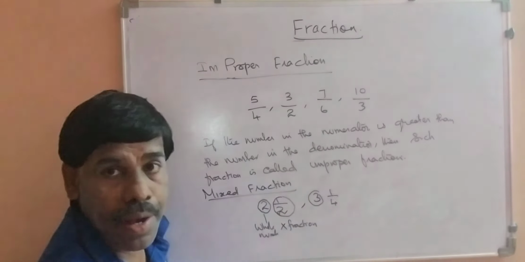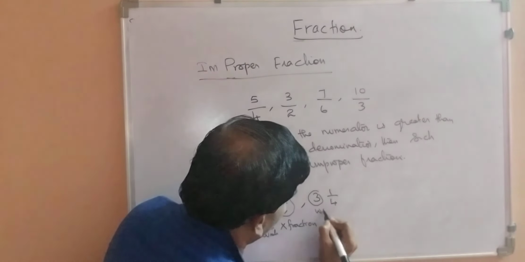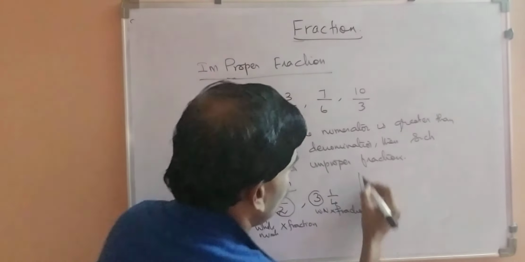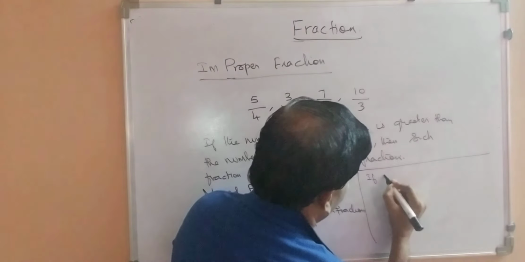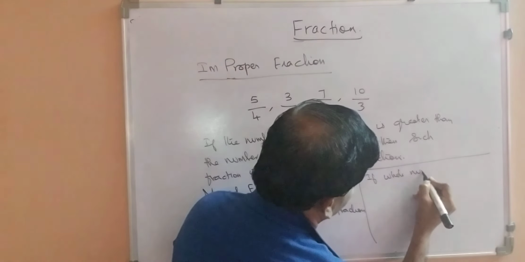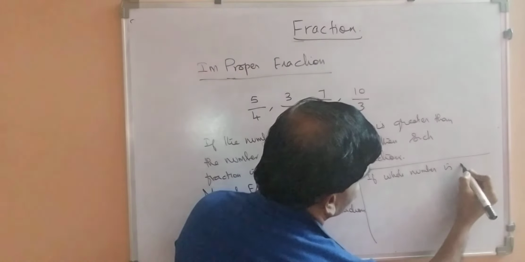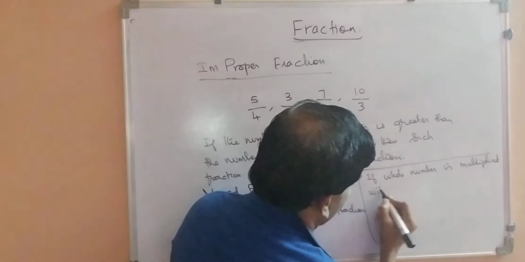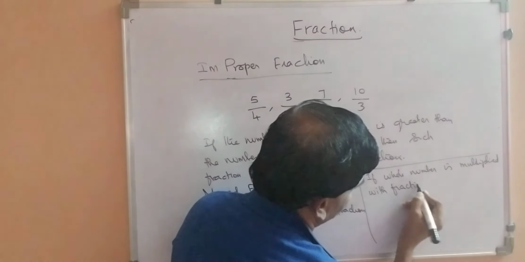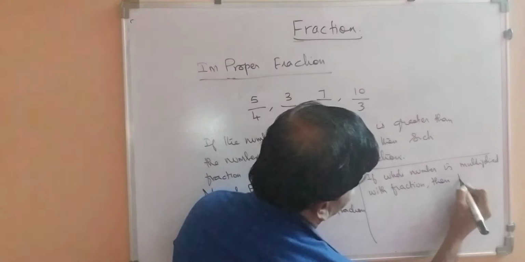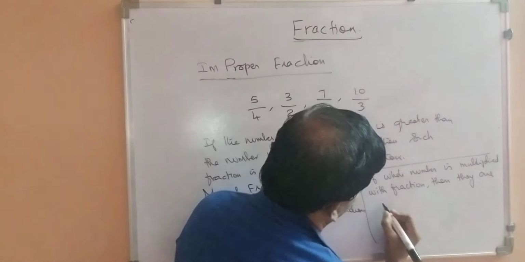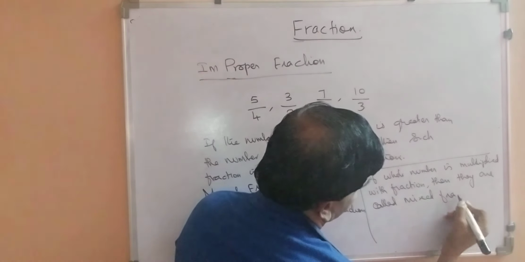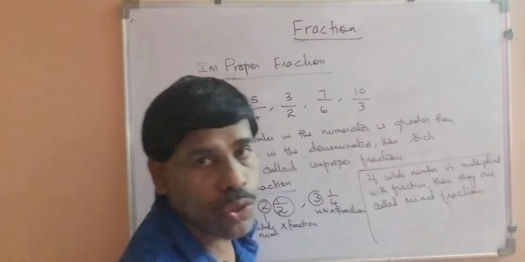If a whole number is combined with a fraction, then they are called a mixed fraction. That's all. Okay.